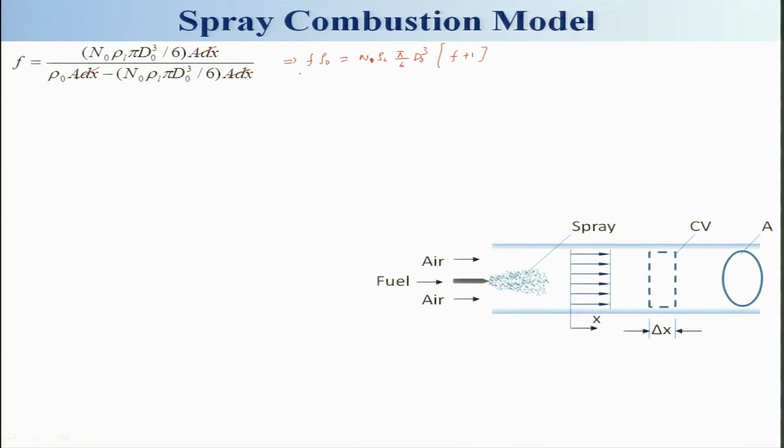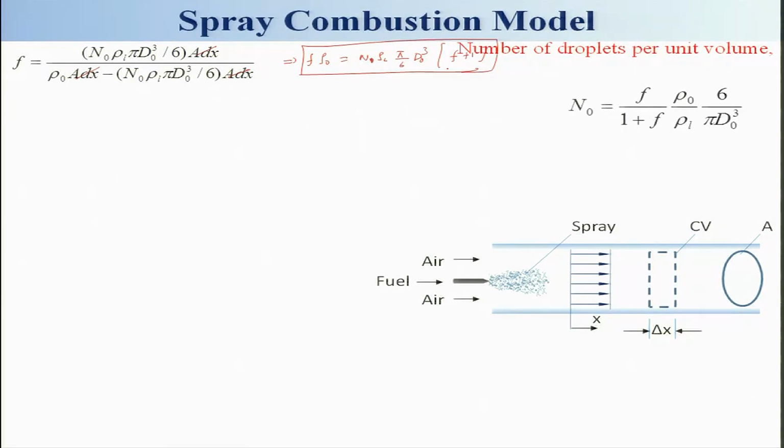So, from this I can very easily get N naught, the number of droplets per unit volume, which is equal to F divided by 1 plus F, times rho naught by rho L, times 6 by pi d cubed, right.